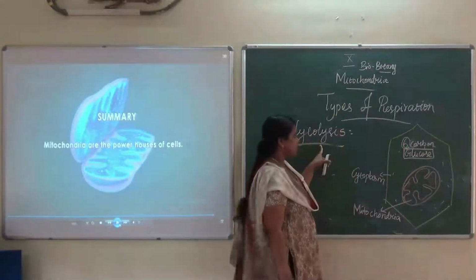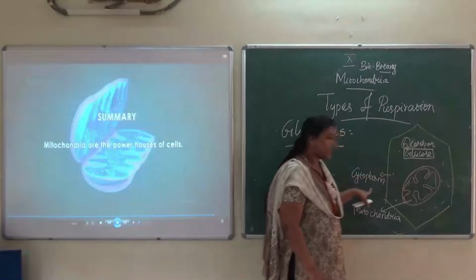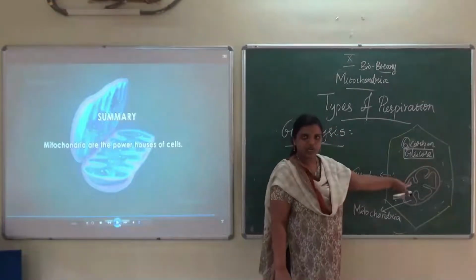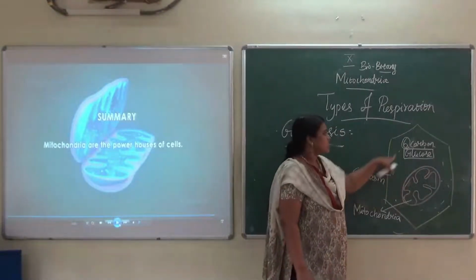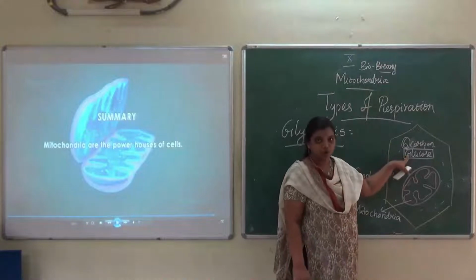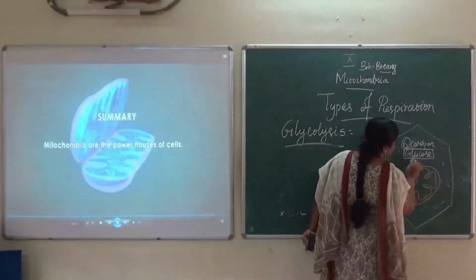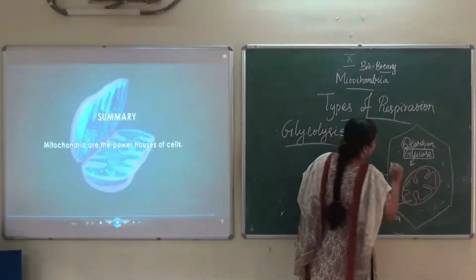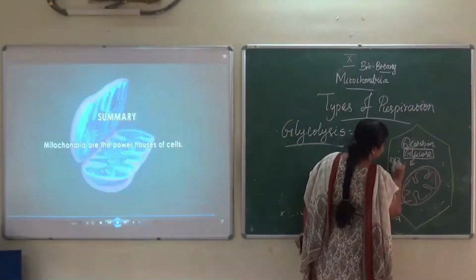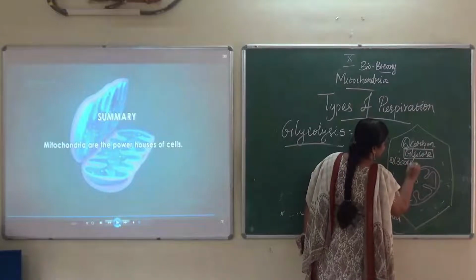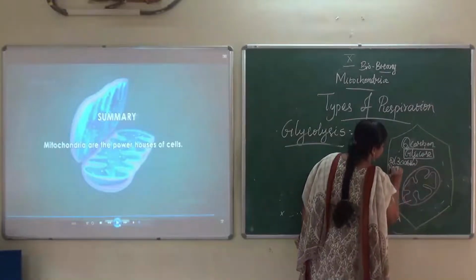Glycolysis occurs in the cytoplasm. The 6 carbon glucose molecule is converted into 2 molecules of 3 carbon pyruvic acid.